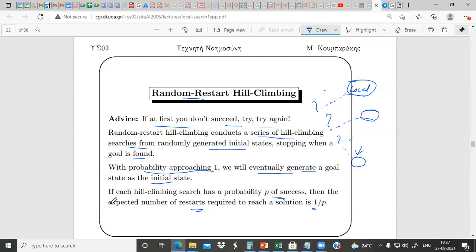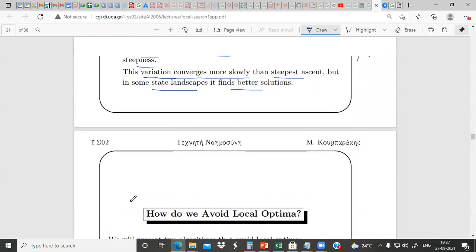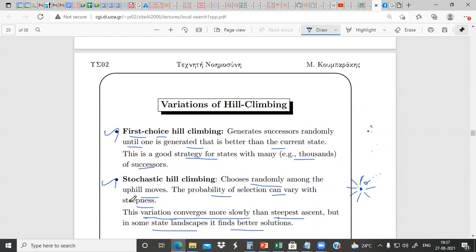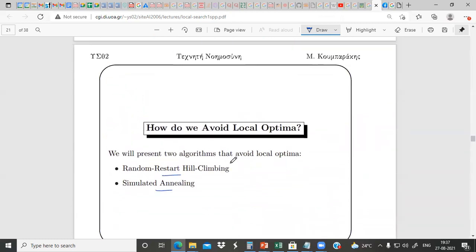To overcome this, there are many techniques. One is allowing sideways moves, and the other is random restart hill climbing, which is also a way to get out of local maxima. There are many different flavors of hill climbing algorithms available, like stochastic hill climbing and first choice hill climbing. Fine, let us stop here.